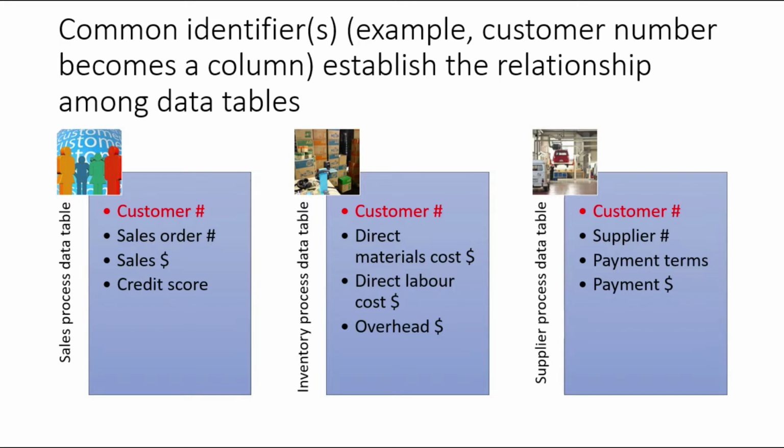So when we make a query into some data, we have to make a combined query. That means there is more than one common identifier if we want to tap into all three databases.